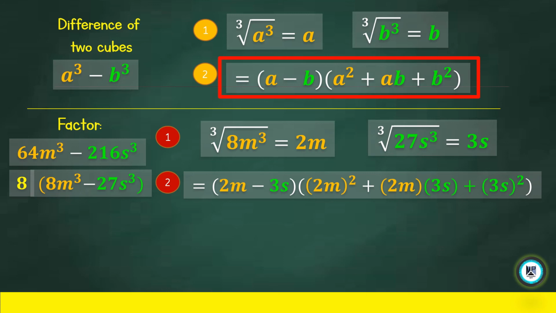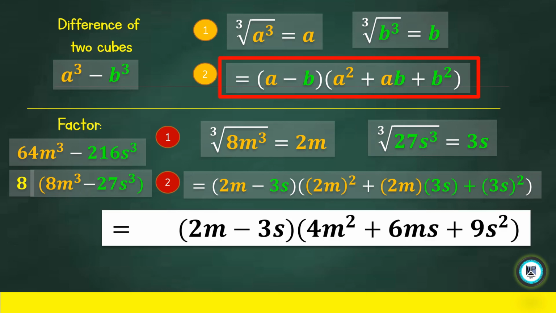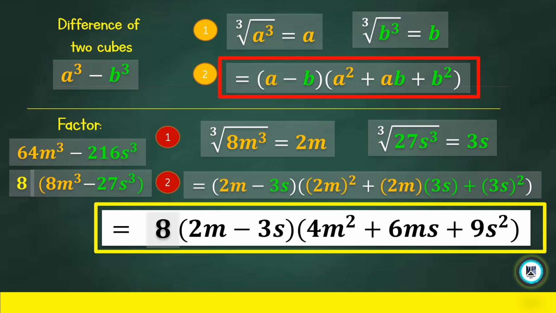Then we simplify, after which we affix 8 in the expression. The final answer is the product of 8, 2m minus 3s, and 4m squared plus 6ms plus 9s squared.